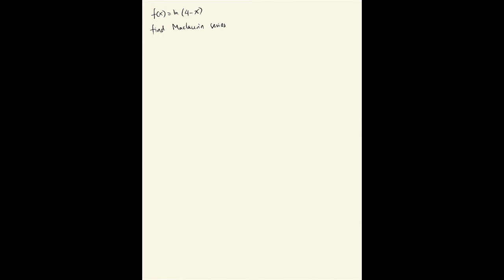One way is, you can imagine this 4 minus x. If I write this, it will have a minus. You can use this approach, 1 over 4 minus x.